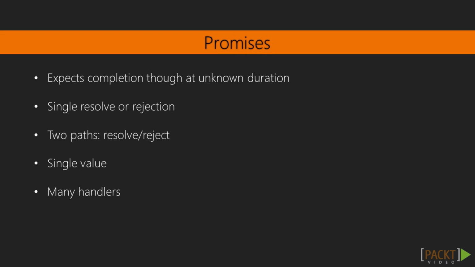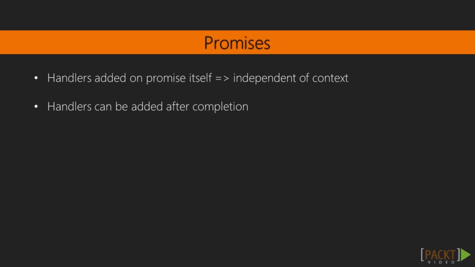There is no way to re-trigger a promise. Promises only allow for a single value for resolution or rejection. This makes them great to combine with other promises, because we know exactly what to expect. As is the case for events, many handlers can be added, but unlike events, the handlers are added on the promise object itself, not the object that triggers completion.